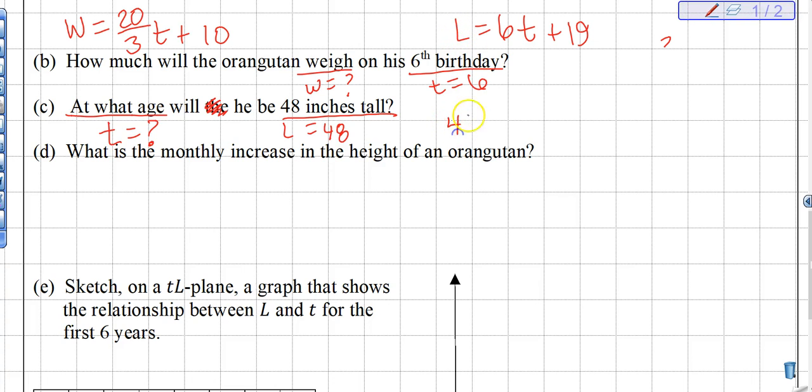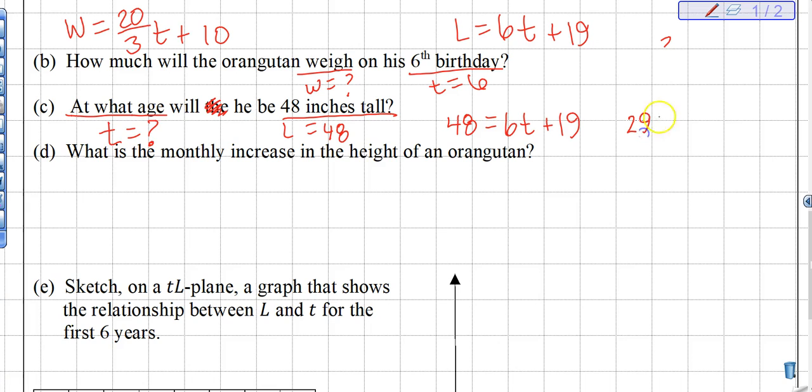So that would be 48 is equal to 6 times T plus 19, because he's growing 6 inches in 1 year. So how many years does it take him to get to 48? He started out at 0 years at 19 inches long, and he's growing 6 inches a year. So we would solve that for T.